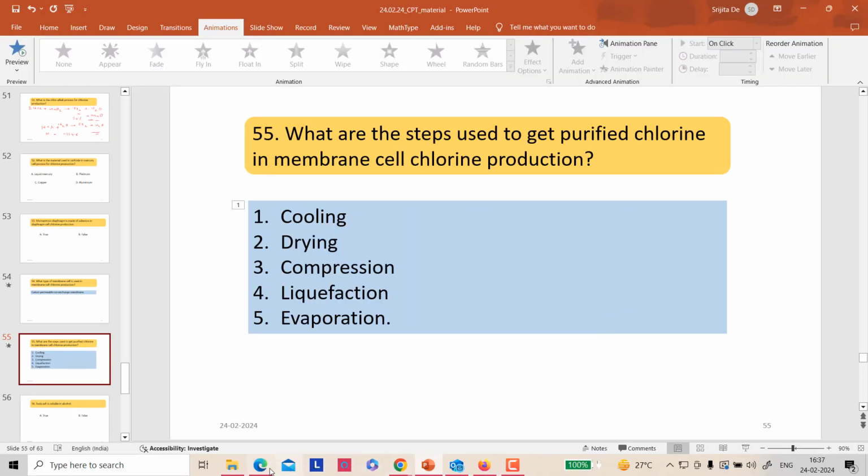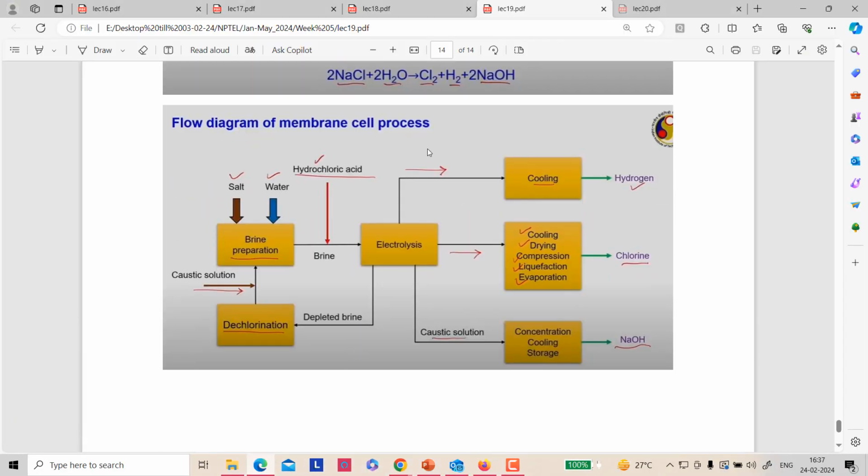If you see the processes, in the membrane cell process, brine is prepared here, then brine goes into the electrolysis chamber, and from there we get hydrogen in one chamber, and caustic solution, NaOH, by constant cooling and storage.